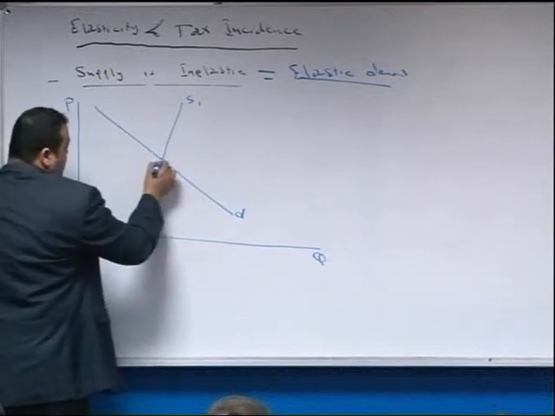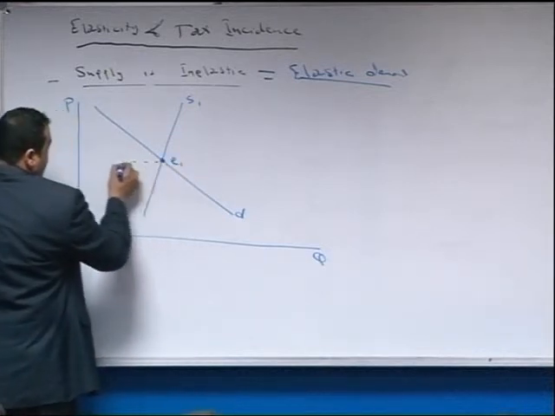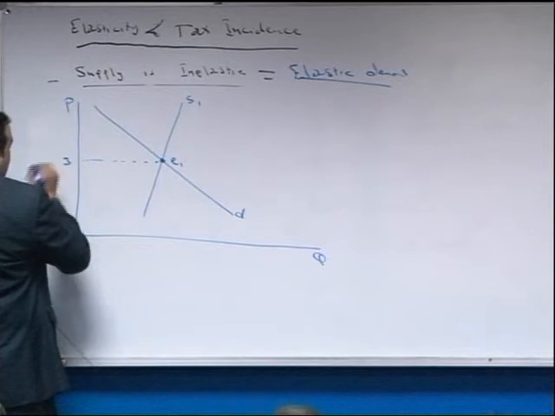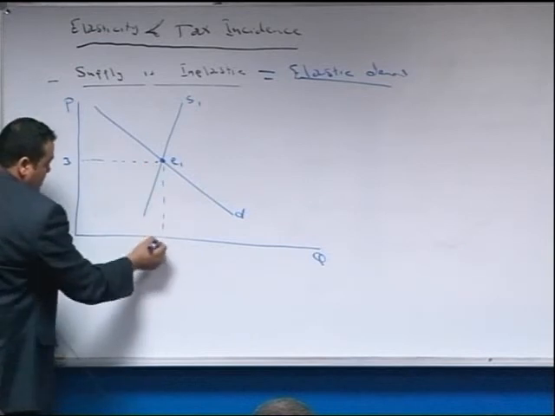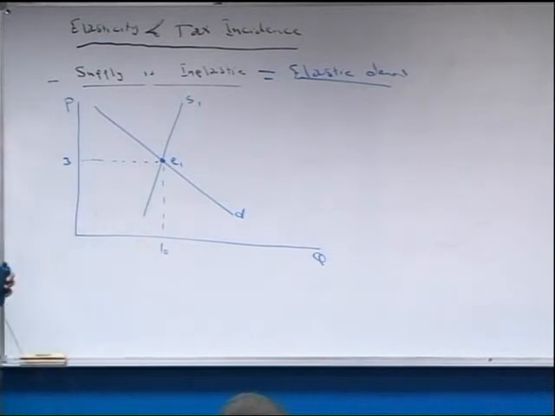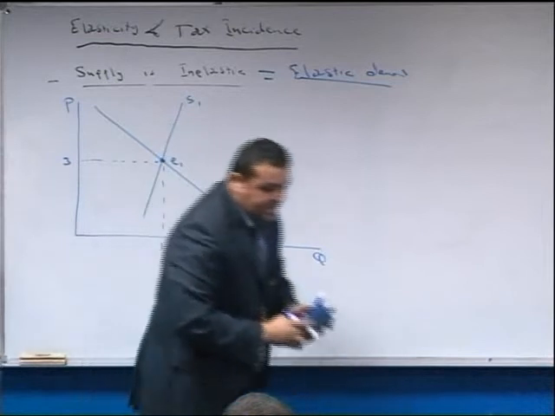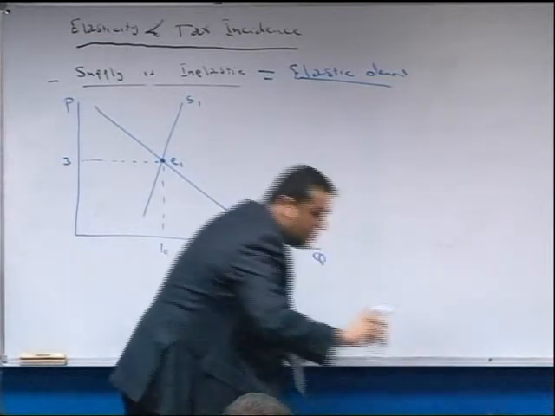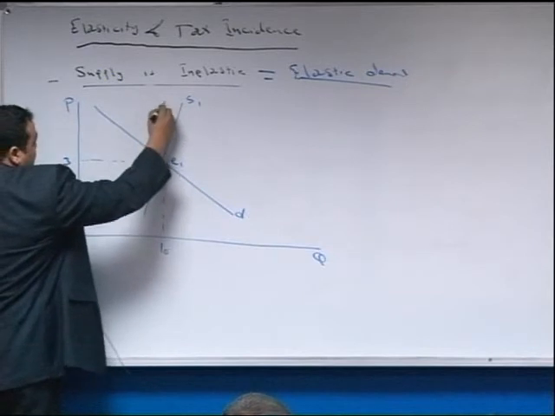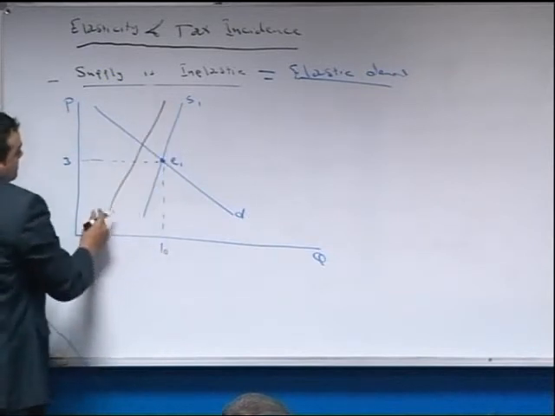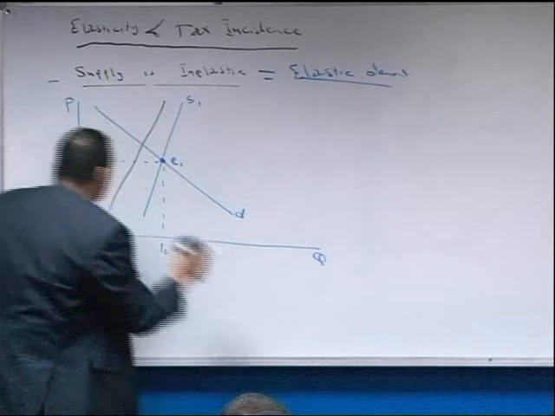So, this is E1. Suppose that the price equals 3, and the quantity is 10. If the government imposed a tax of $1, there is a leftward shifting of the supply curve to S2.